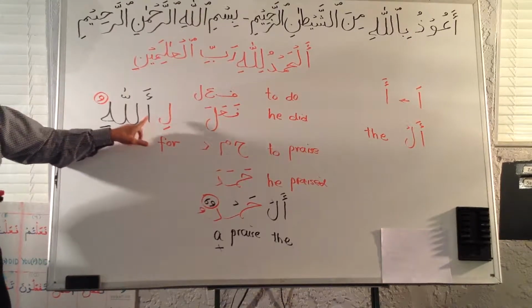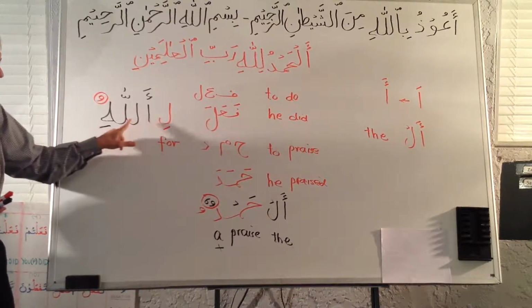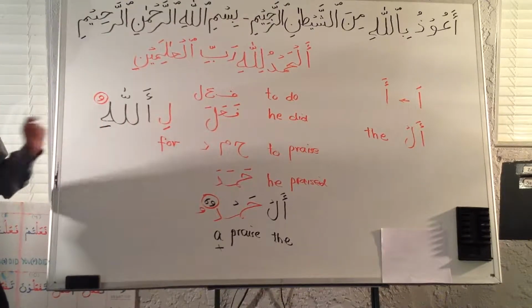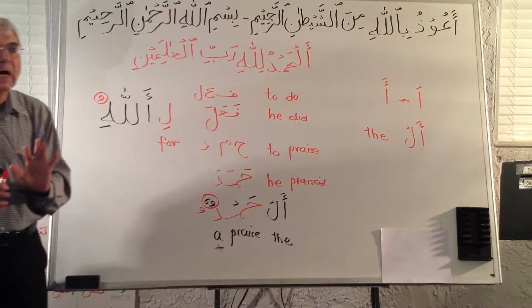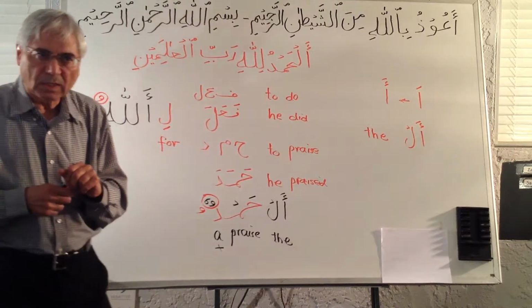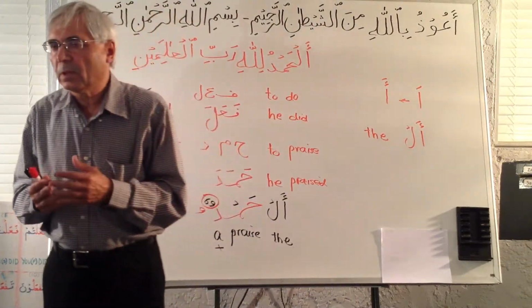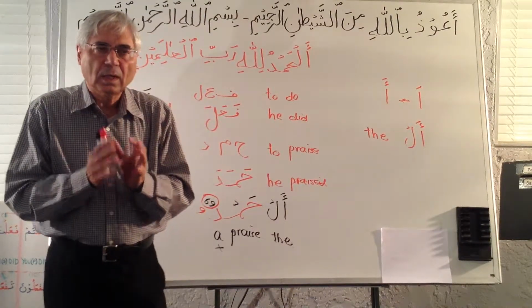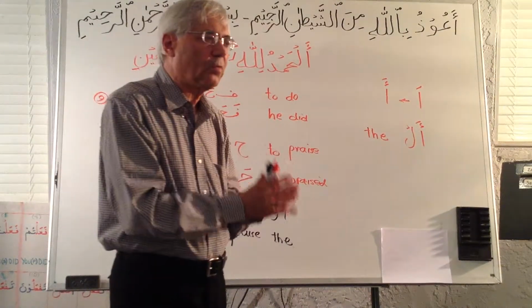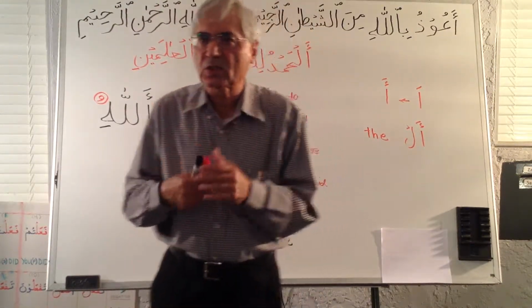Okay? So when the sound of alif is gone, then you pronounce lillahi. The word now became lillahi. Originally the word was Allahu. Now it became lillahi. In Arabic, one word has a lot of effect on the neighboring word. It changes its sound.